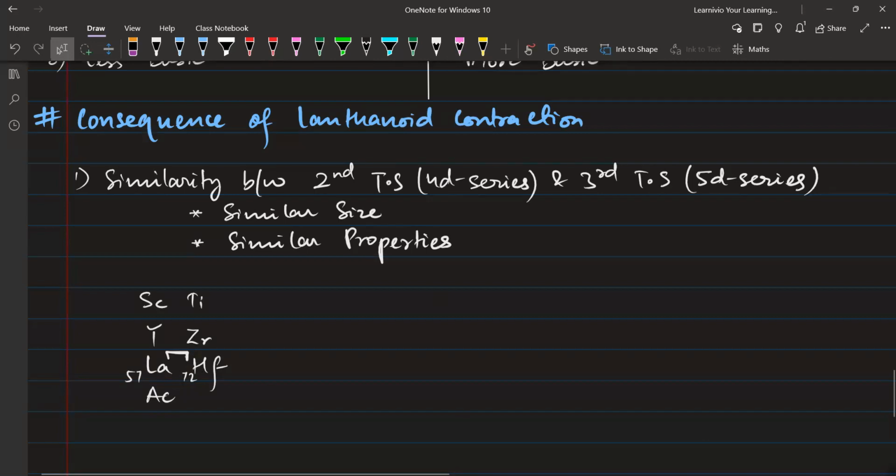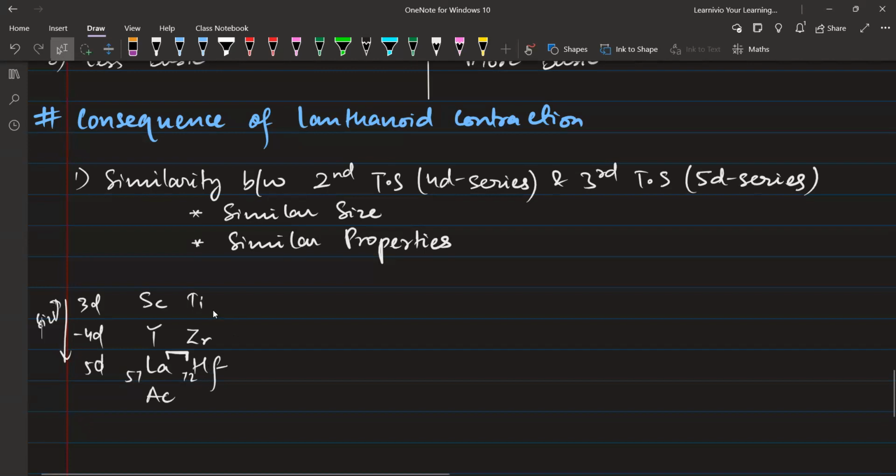And in those 14 elements, the size is gradually decreasing and the 4f subshell is being filled, which has poor shielding. That is why when I compare the size of the 3d series, then the 4d series, and then the 5d series, gradually as we go down, the size should increase because the shell is increasing.